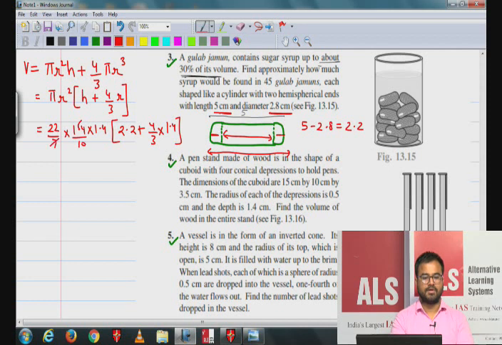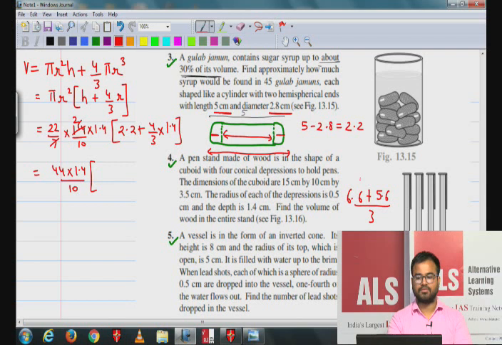It will go 2 times. So 44 into 1.4 divided by 10, and that would be 1.4 into 4, that will be 5.6, and 2.2, if you solve this one, 2.2 into 3 is 6.6, plus 5.6, divided by 3. 12.2 divided by 3.